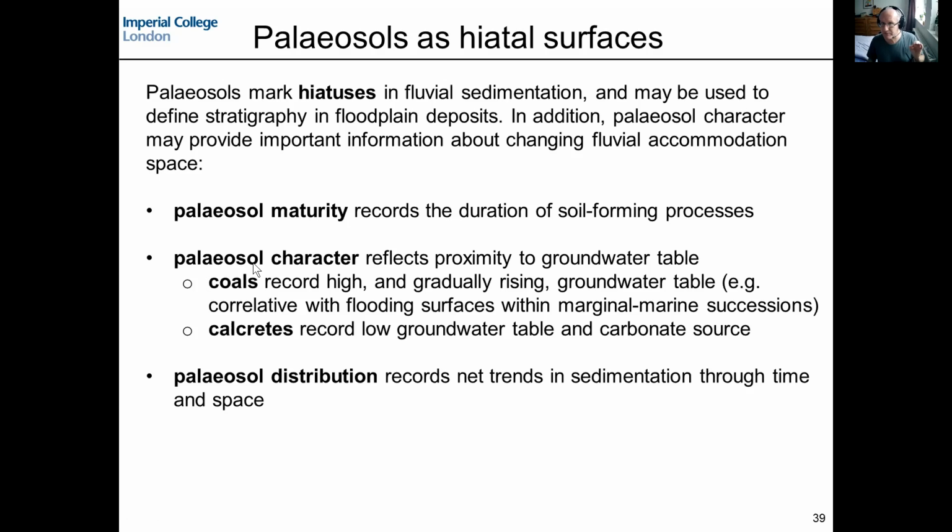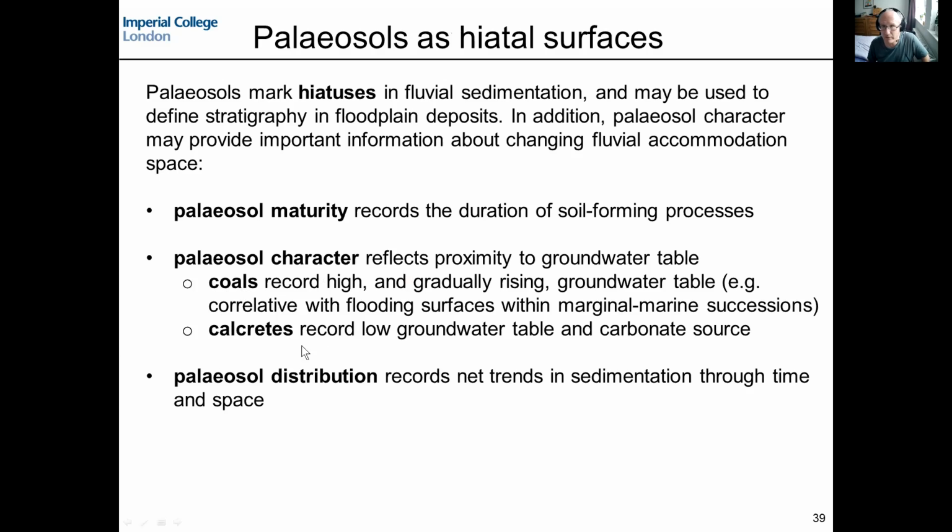Some paleosols have a specific character, which again helps us to correlate them. So coals, for example, those are very organic rich soils. They preserve lots of carbon. We need to have a high groundwater table, waterlogged conditions, to keep that carbon reduced so it doesn't oxidize and then just disappear. So coals tell us we have a break in sedimentation and also high groundwater.